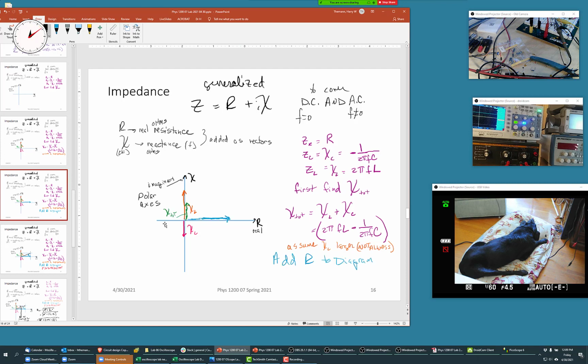So now I've put the R vector on there. R goes along the R axis, and that's this sky blue. Looks more like turquoise to me, but they call it sky blue.